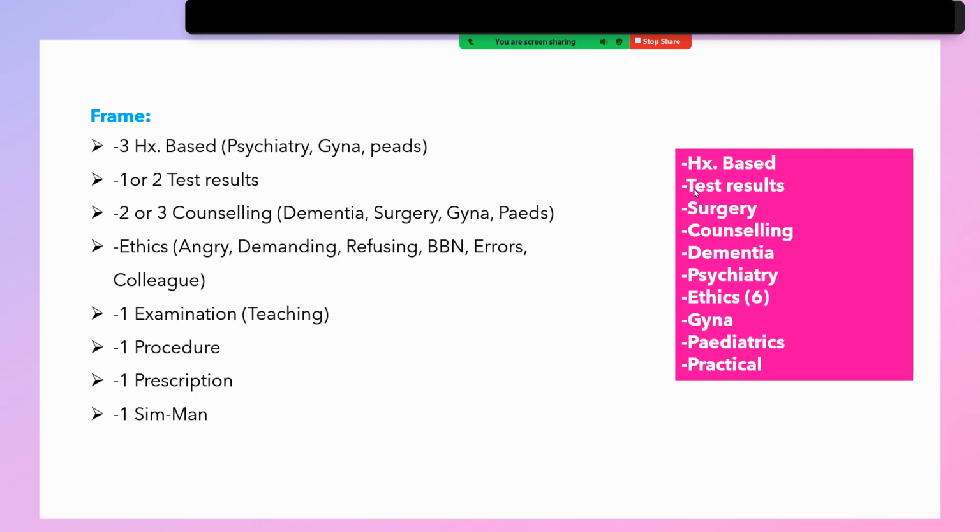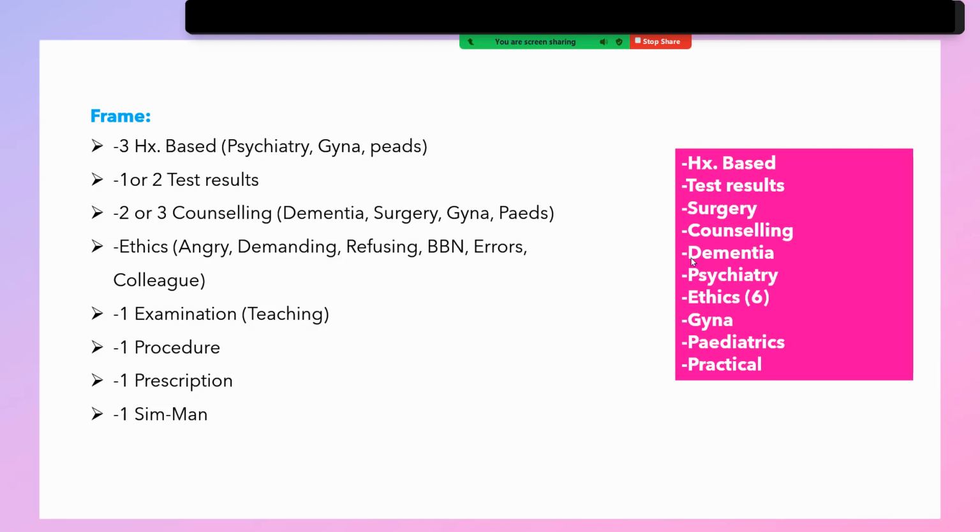The second approach is test results approach, in which you will have test results and then you need to explain the test results to the patient in a simple way. We have surgery approach, in which you are going to do a pre-operative assessment to the patient. Counseling approach, in which you are going to give advice to the patient on the treatment or on their medical problem.